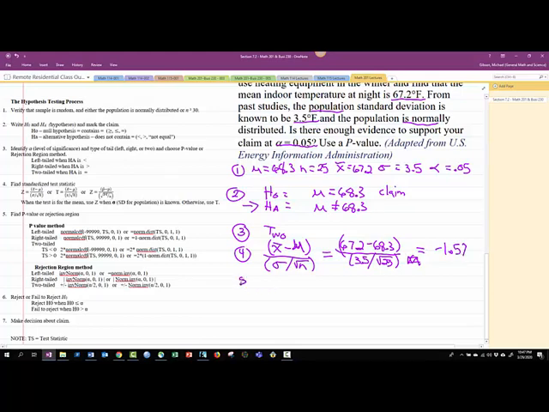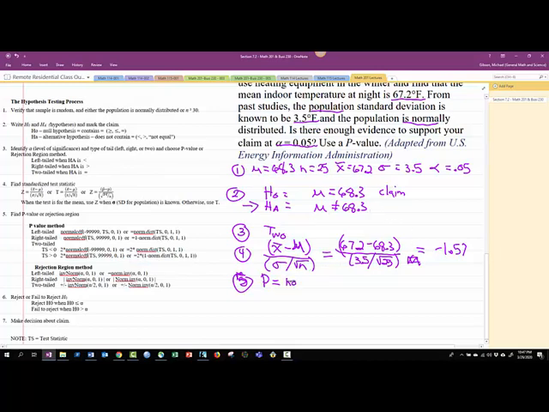All right. Now we have to find the p-value. So the p-value formula for two-tailed, there are two options. If the test statistic is less than 0, you do this. If it's greater than 0, you do a greater than. Now this one was negative, right? It's less than 0.